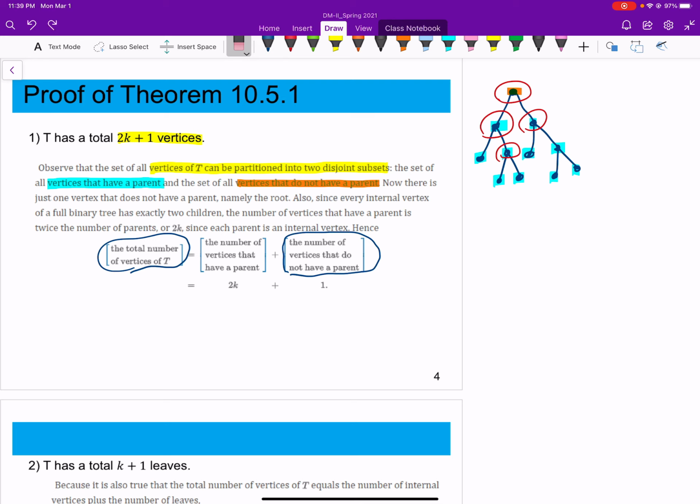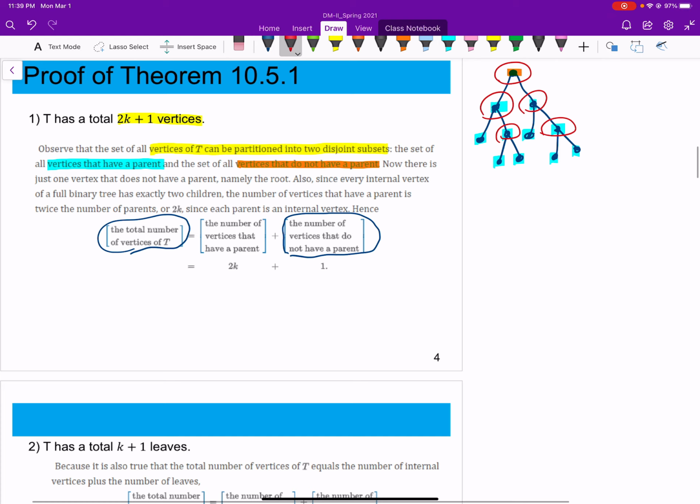Internal vertex having children. All right. So then the number of vertices that have parents equals 2 times the internal vertices. It is actually 2 times k, where k is the number of internal vertices.